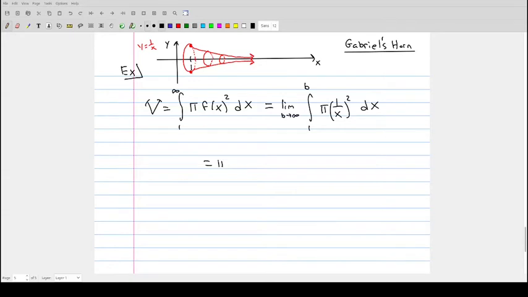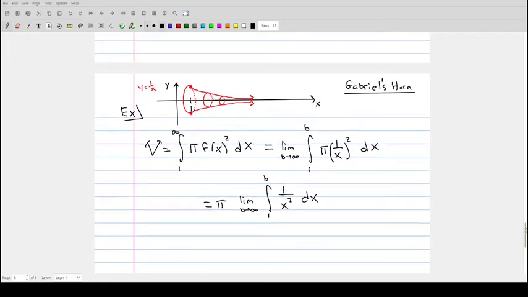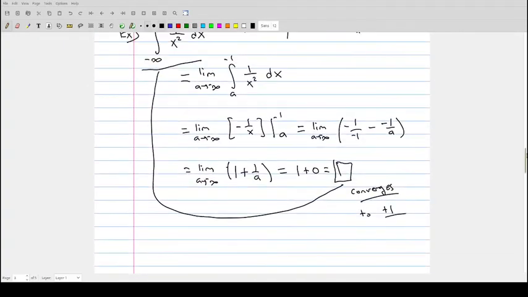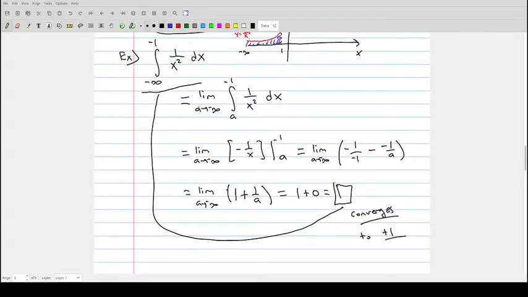which is the same thing as pi times the limit as b goes to infinity of the integral from 1 to b of 1 over x squared dx, which we calculated before in our first example. In our second example, we looked at the integral from negative infinity to negative 1.